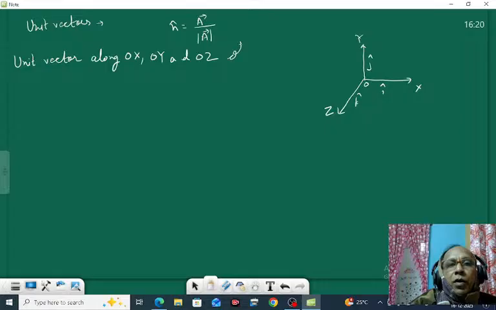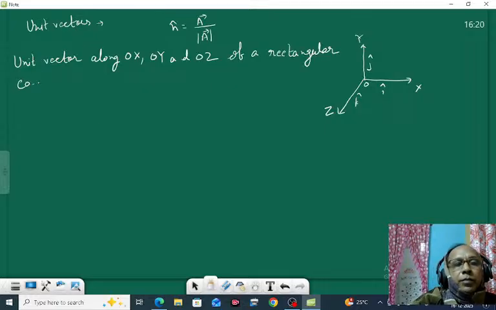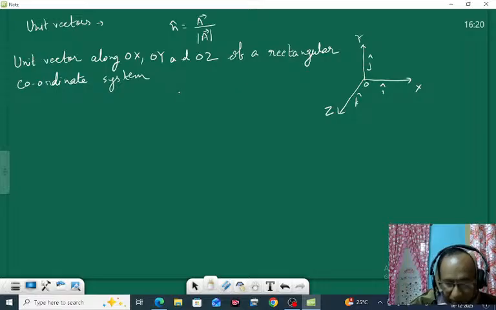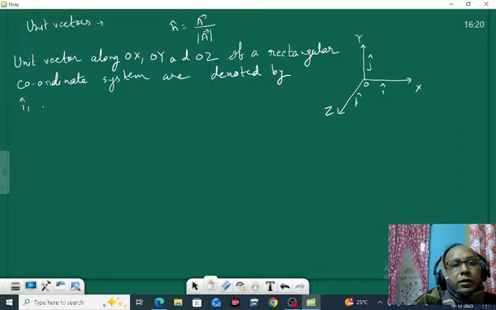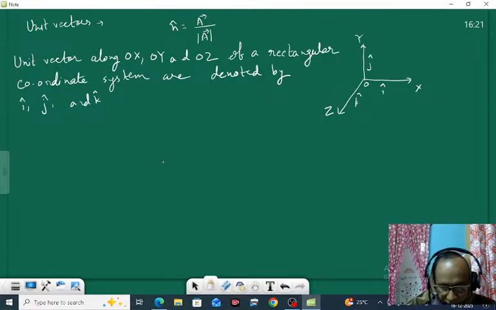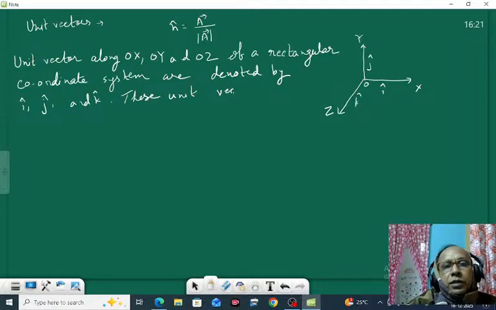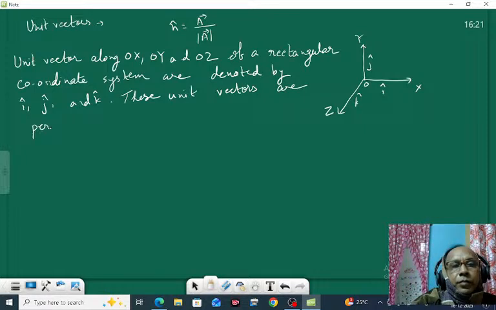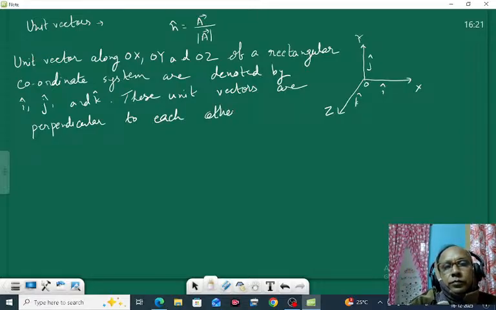The unit vectors along ox, oy and oz of a rectangular coordinate system are denoted by i unit vector, j unit vector, and k unit vector, and these unit vectors are perpendicular to each other, right?